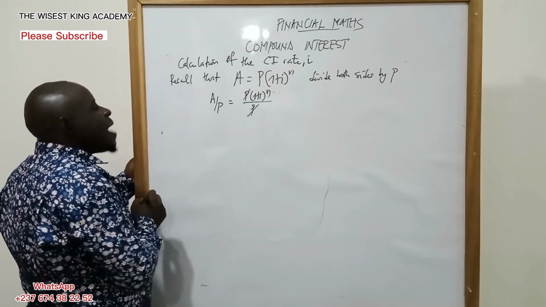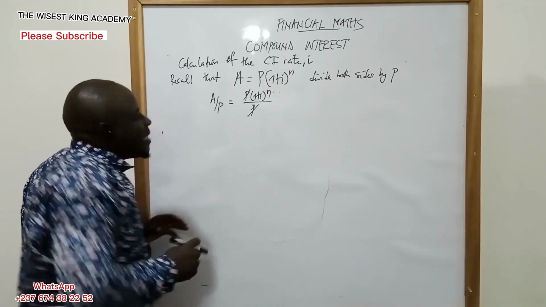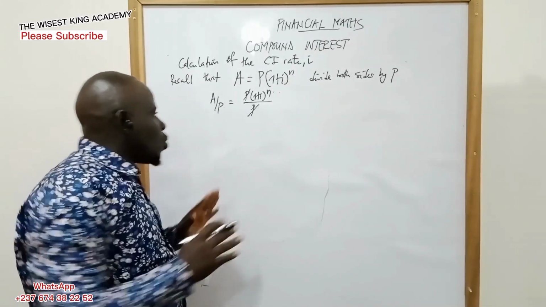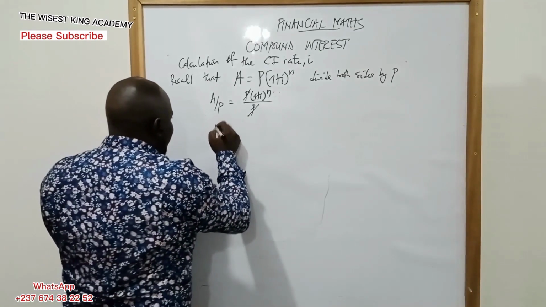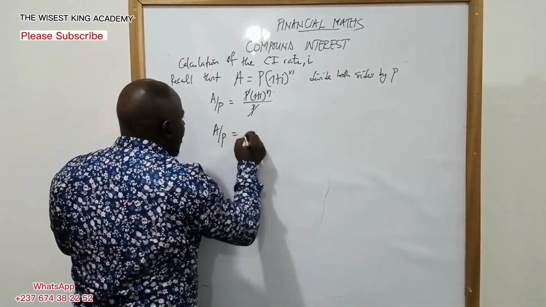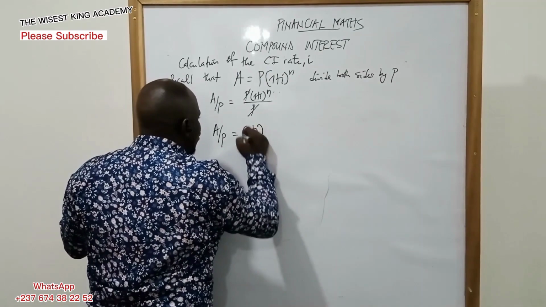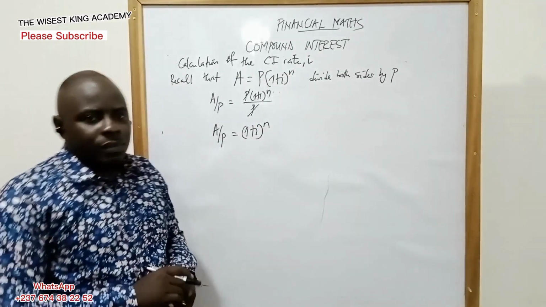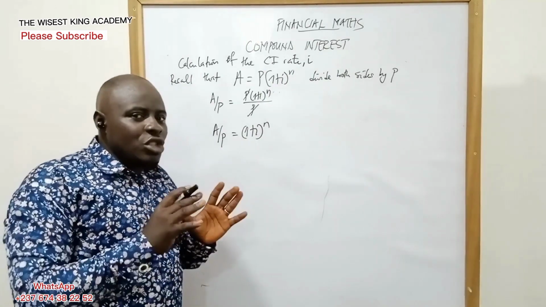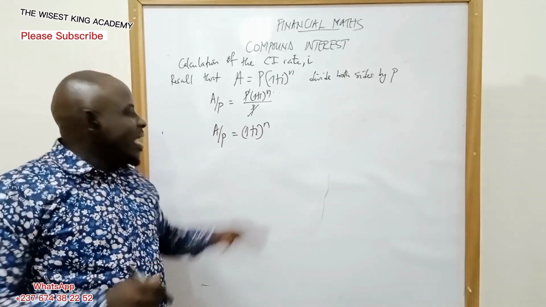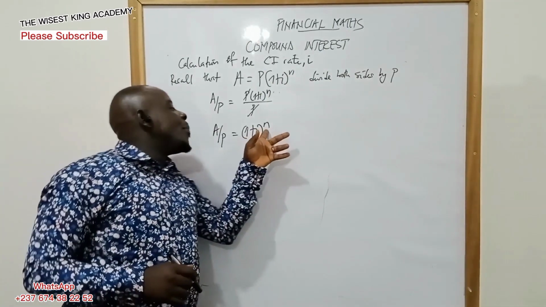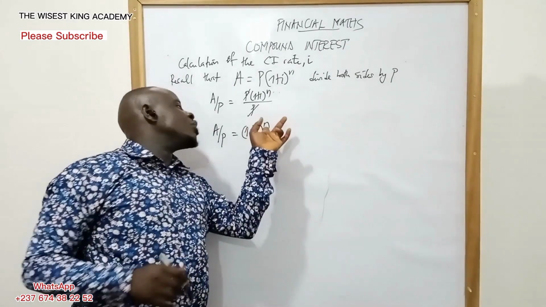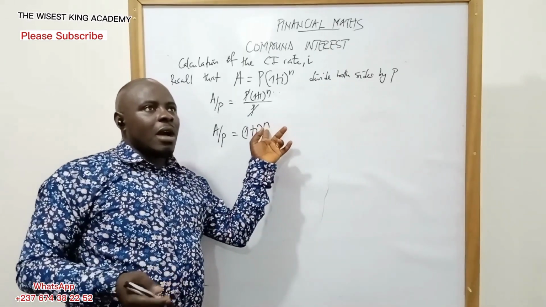Now, at this stage, the easiest way to go: A over P equals 1 plus i raised to the power n. You can introduce log, but it's going to be a bit long. At this level, if I want to remove this power here, I will take the opposite.